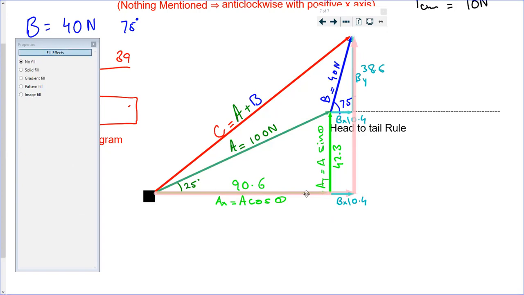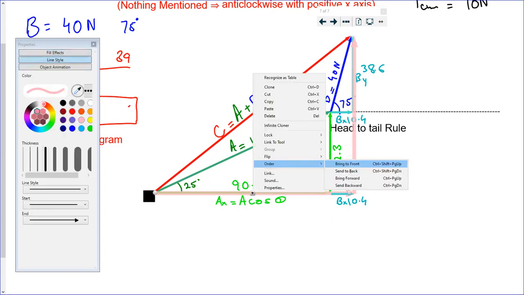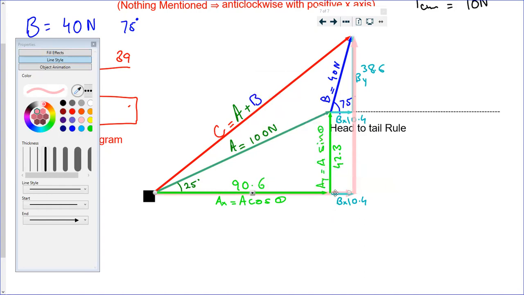So what do you think, what is the length of that pink vector? What is the length of that pink one?